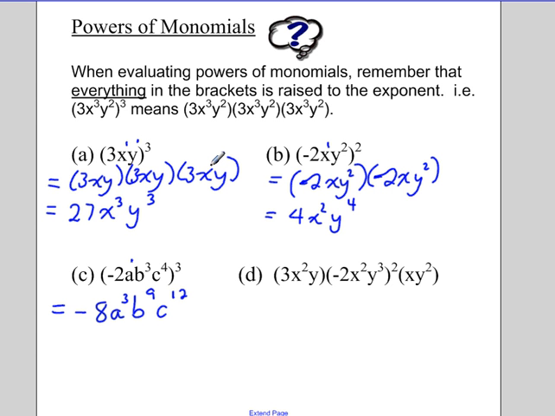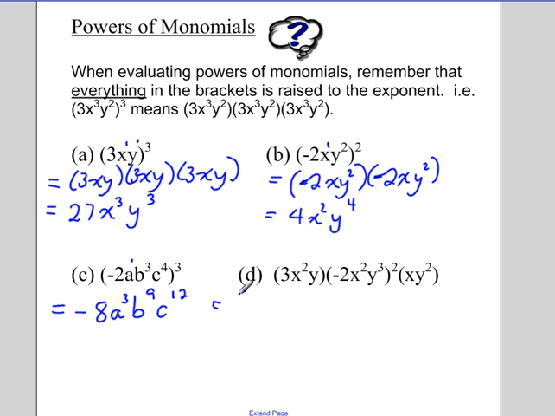This last one is definitely the most complicated one, because if you look at it, the middle term is squared, but the first term and the last term are not. So what you cannot do is go straight to just multiplying them together, because you first have to deal with the exponent in the middle term. So one way of doing it is to just write out that middle term twice.